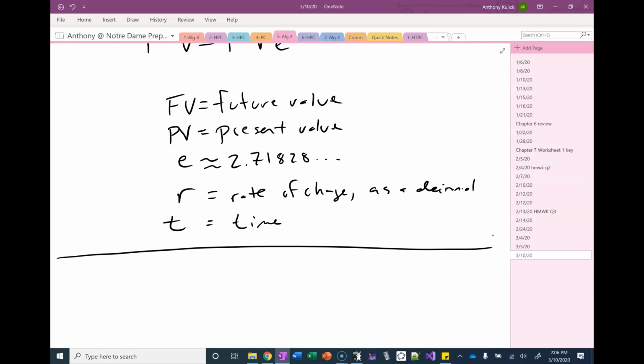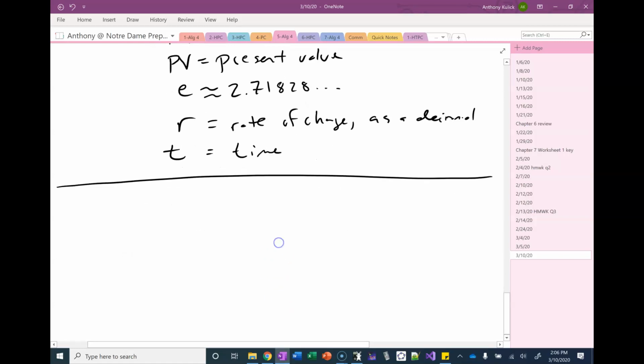So let's do a couple of little examples now. There are two kinds of problems that you can run into where we have this kind of continuous growth or decay going on. One of those problems is we give you the model to use and you just have to do some problems with it.